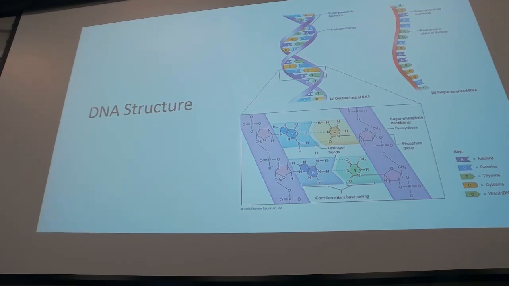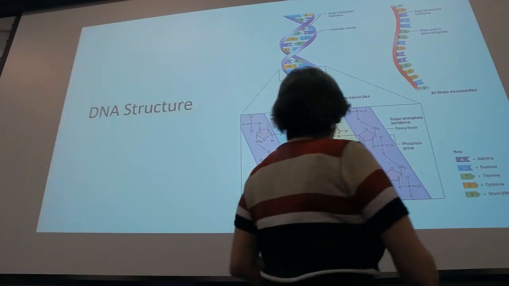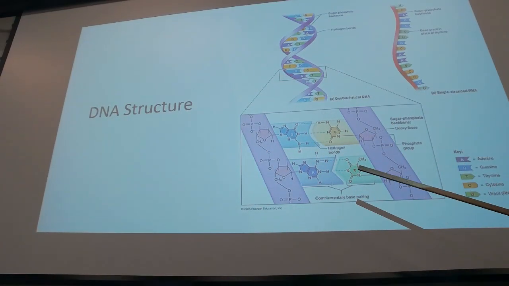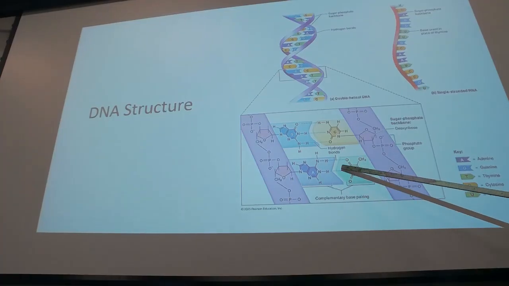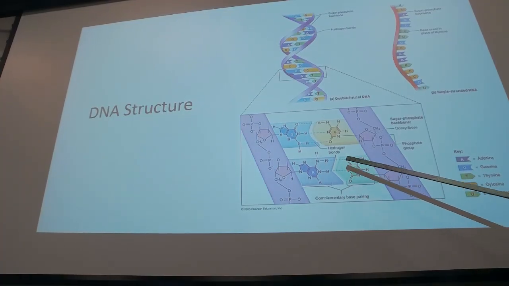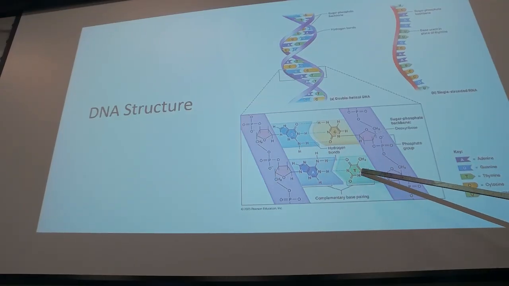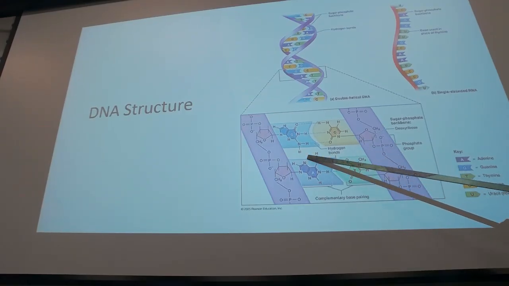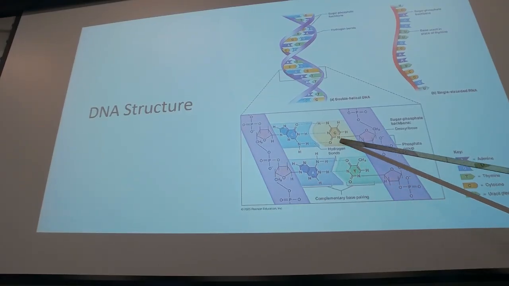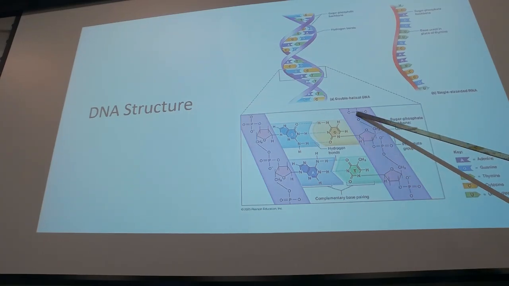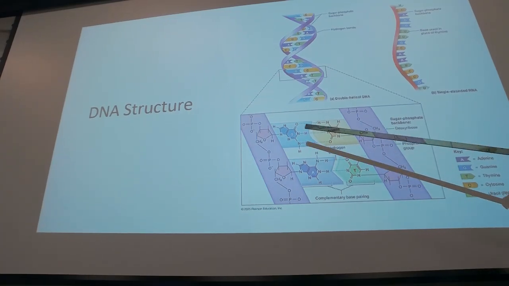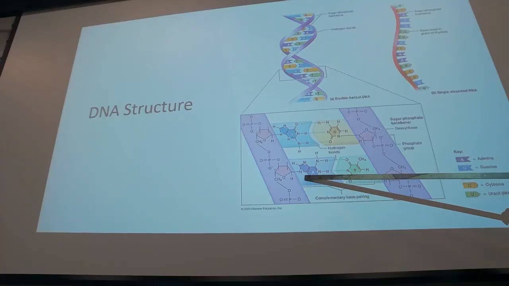Guanines and cytosines have a triple hydrogen bond: 1, 2, 3. And adenines and thymines have 2 hydrogen bonds. Guanine always pairs with cytosine and adenine with thymine. And then these nitrogenous bases will be in the middle, and you have the sugar phosphate backbone externally.